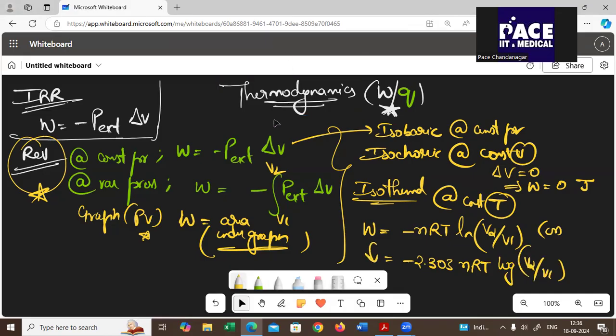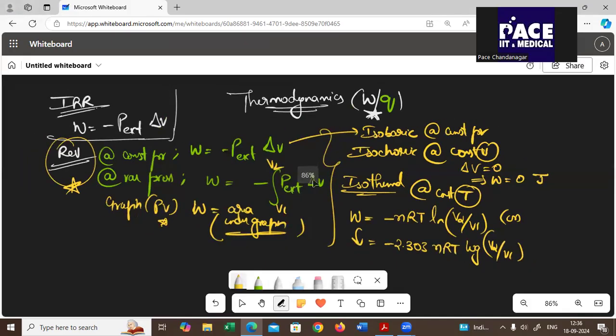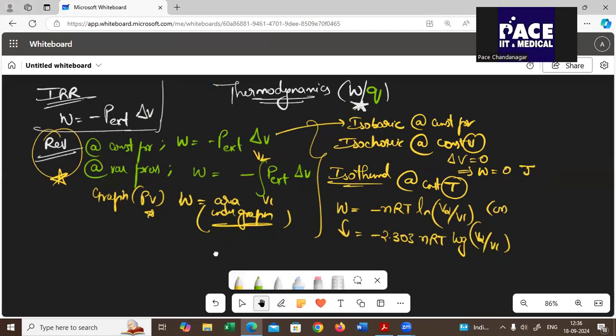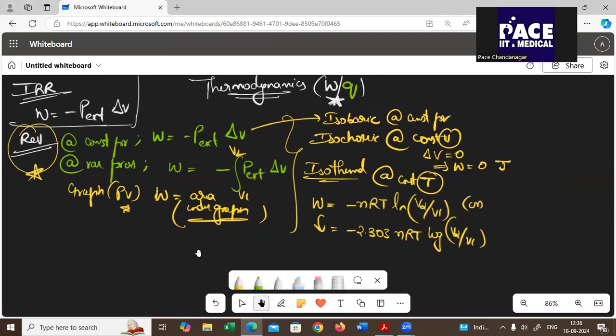And adiabatic processes: adiabatic is nothing but heat transfer is not there. Heat transfer is 0, whereas isothermal means temperature is constant. Now we have the adiabatic process, where we have P1 V1 to the power gamma is equal to P2 V2 to the power gamma. And what is gamma?